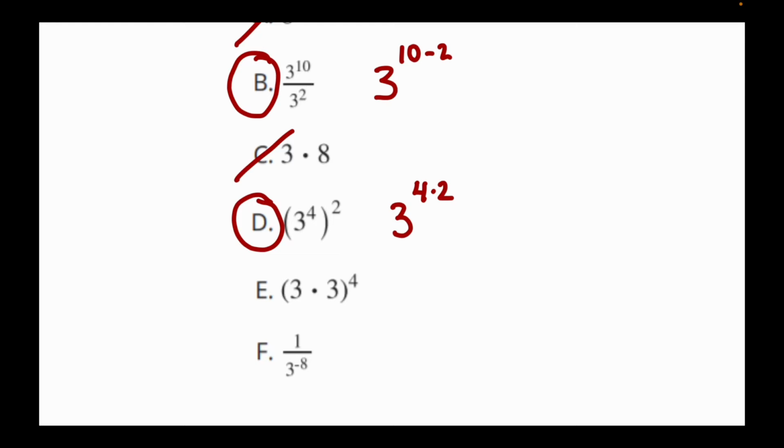So what I'm actually going to do is write those inside as 3 to the power of 2, because I have 3 multiplied with itself twice, and put a 4 on the outside, the same place it was, so it doesn't move. And now this question is just like the one above it. We're going to multiply, and this would be 3 to the power of 2 times 4. And so again, yes, this one is equivalent to 3 to the power of 8.